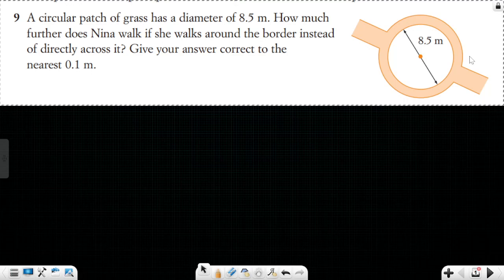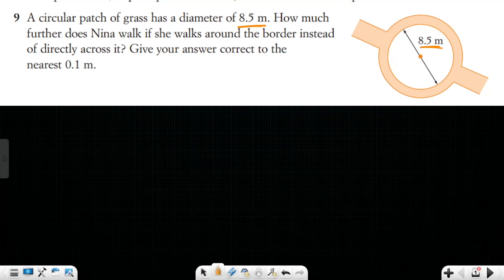See this ninth question. A circular patch of grass has a diameter of 8.5 meters. How much further does Nina walk if she walks around the border instead of directly across it?